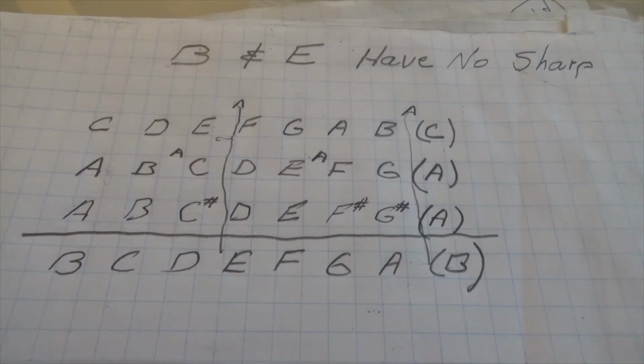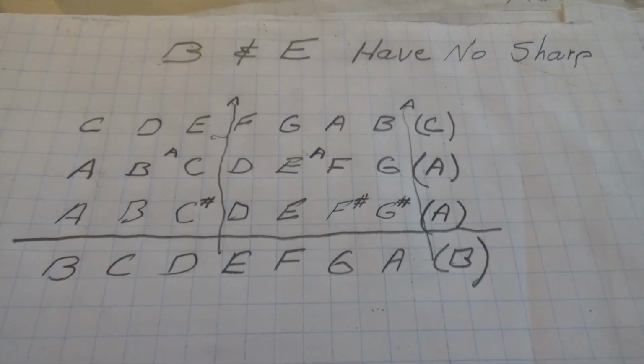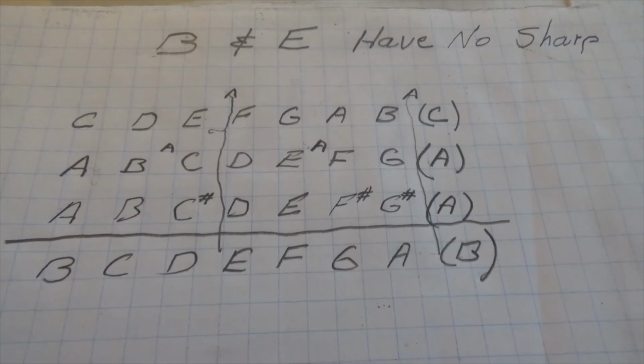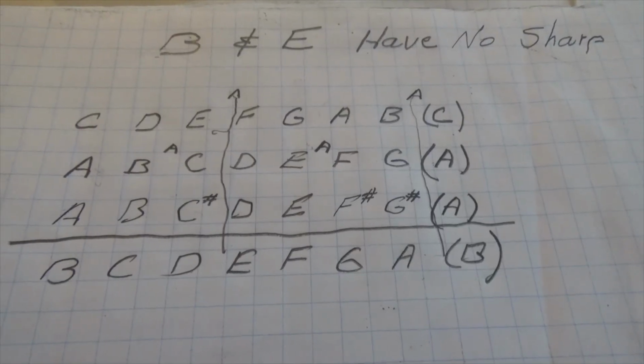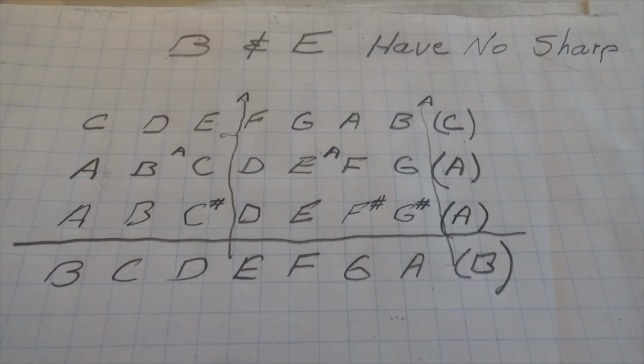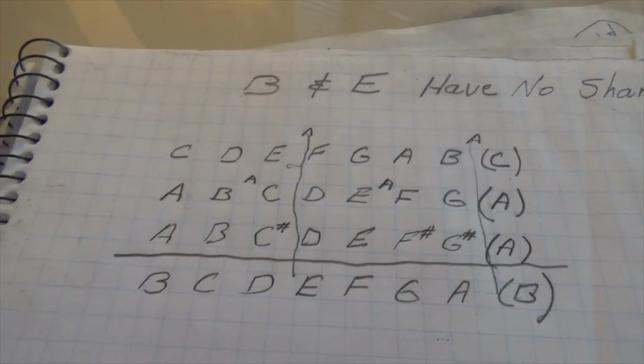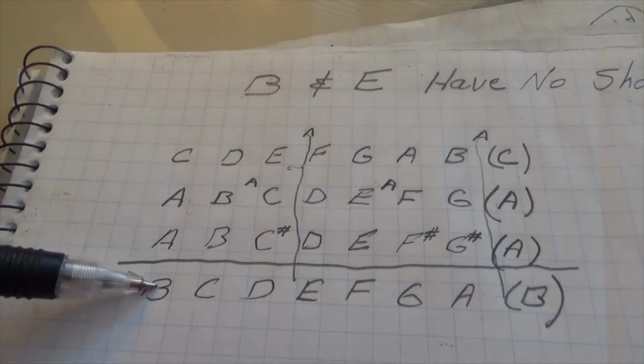Now, I've gone to the next scale. This is the test question. The next scale in order would be B. And I've listed the 7-note scale, the major scale, in B the way it's played on the neck.